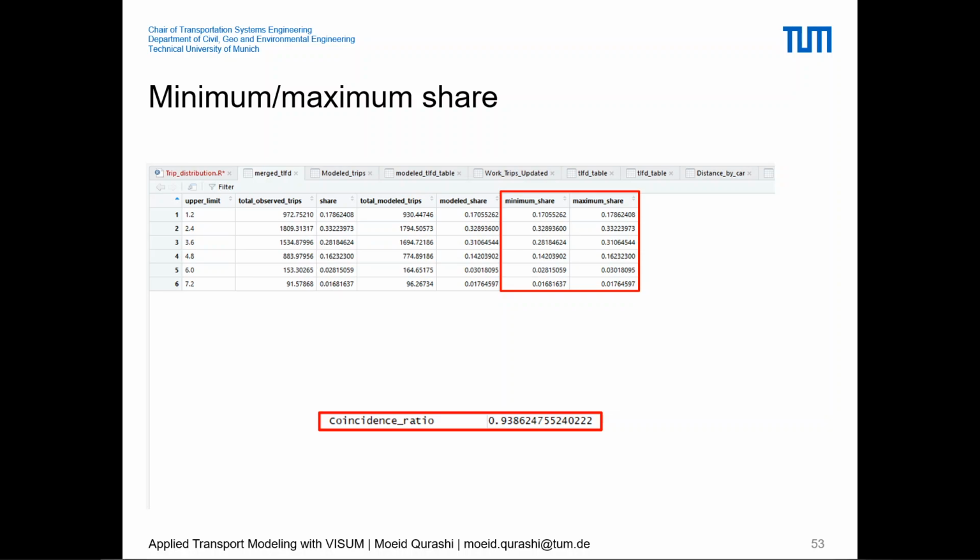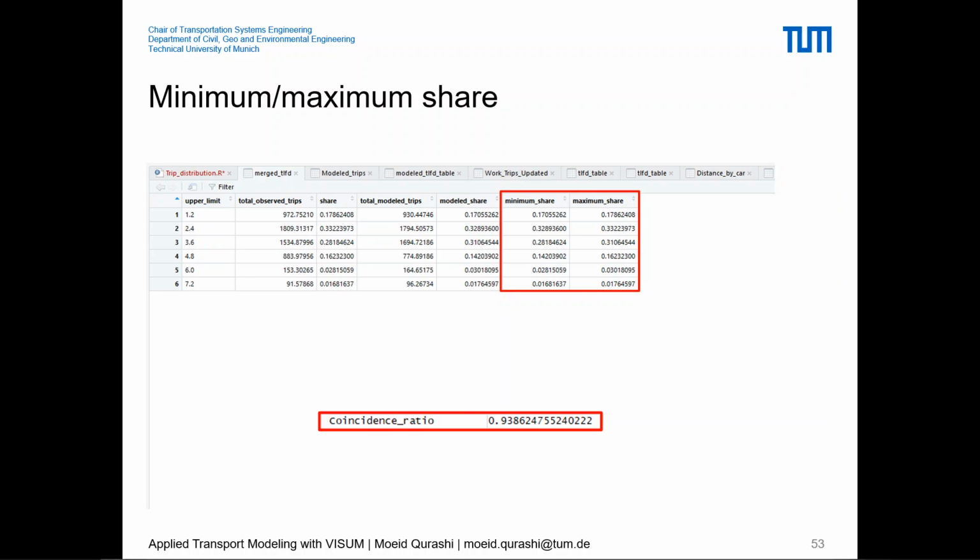So we estimate the gravity model parameters by the observed TLFD, which we extracted from the trip survey. And once we have the observed TLFD, we calibrate the gravity model parameters, and then we use these parameters to do the sequence of trip distribution.